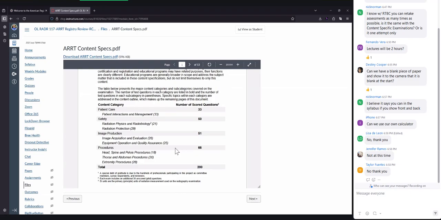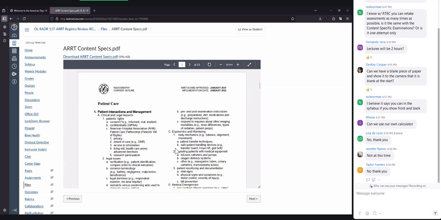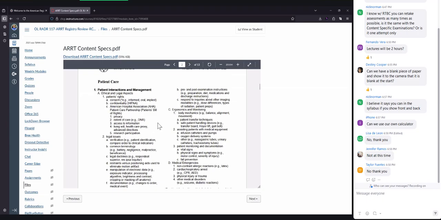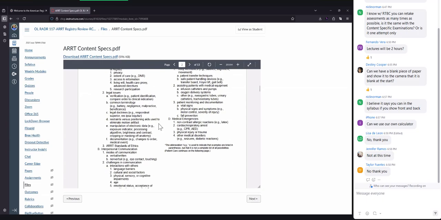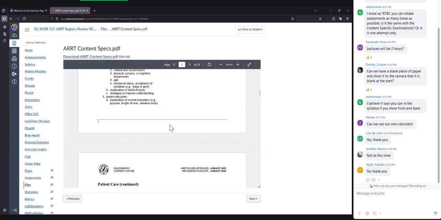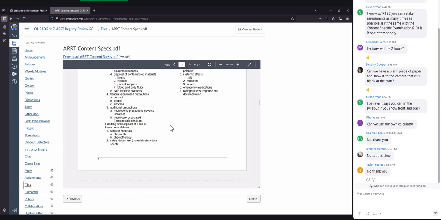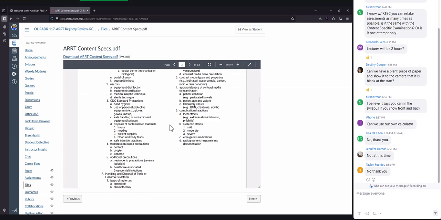Now, specifically, what do you need to learn? Under patient care, the very next page, it goes through each of the different areas that are going to be covered or have the potential of being covered in the examination. So this is your checklist.